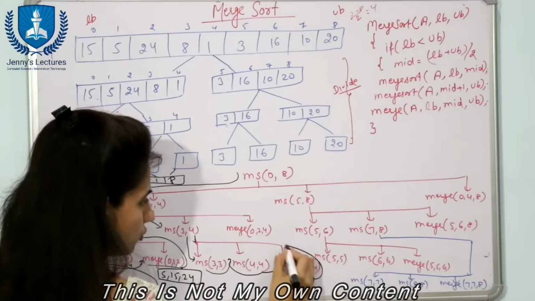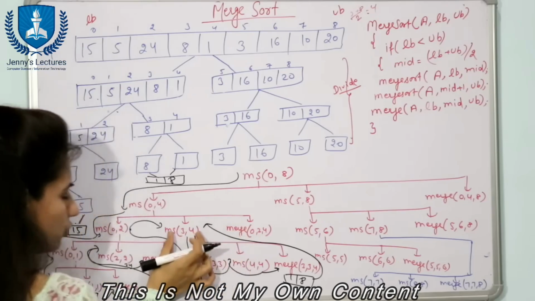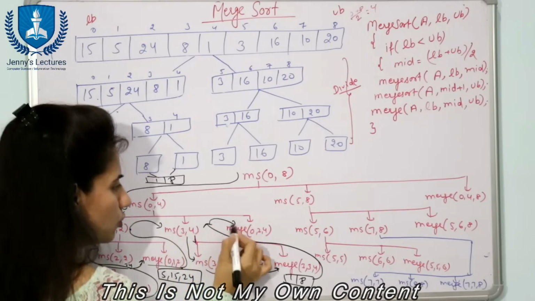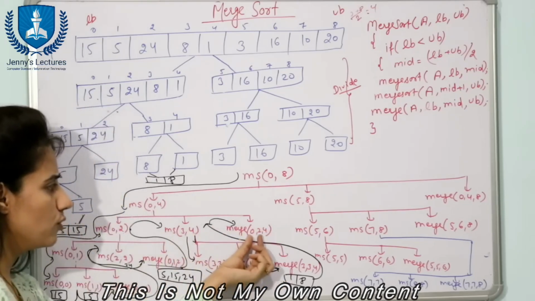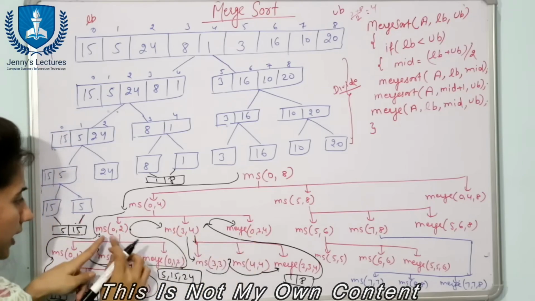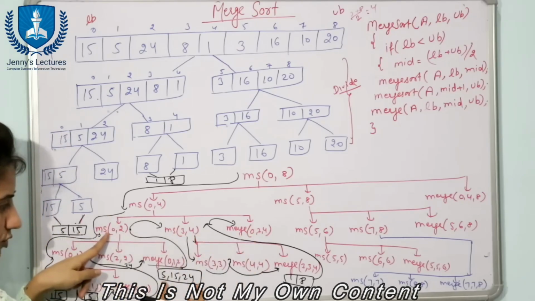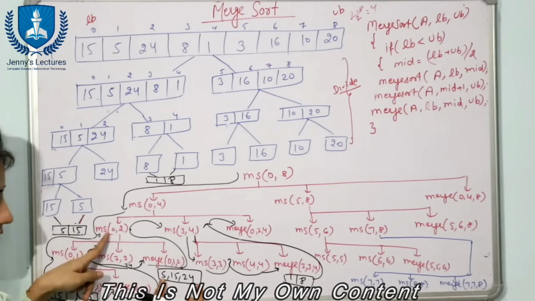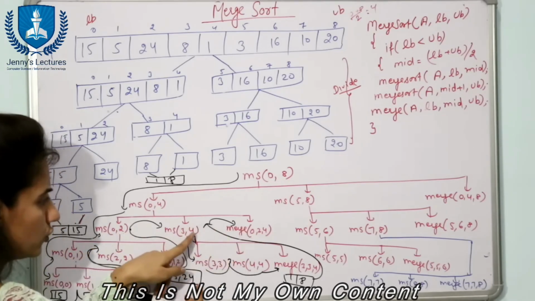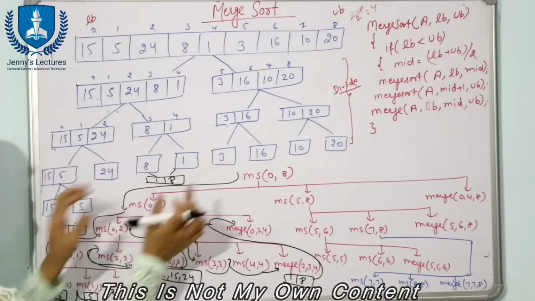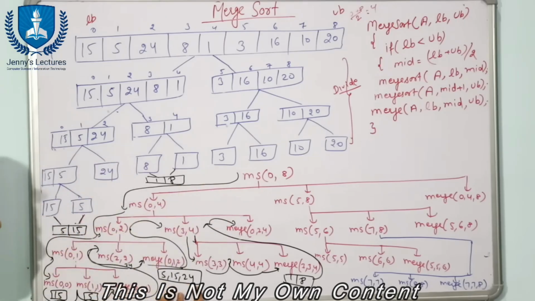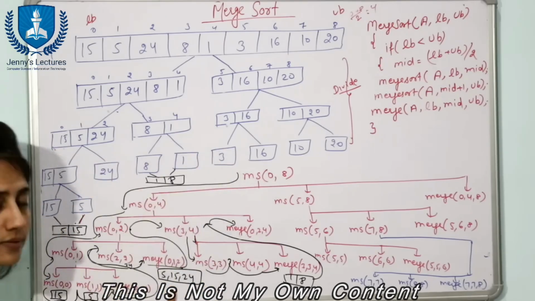Now control would go to here only. Now this one is done. Now control would go to this merge. Now we are going to merge from 0 to 2, the list is this one. We have got this list. And from 3 to 4 the list is 1 and 8. Now we are going to merge this 5, 15, 24 with 1 and 8.